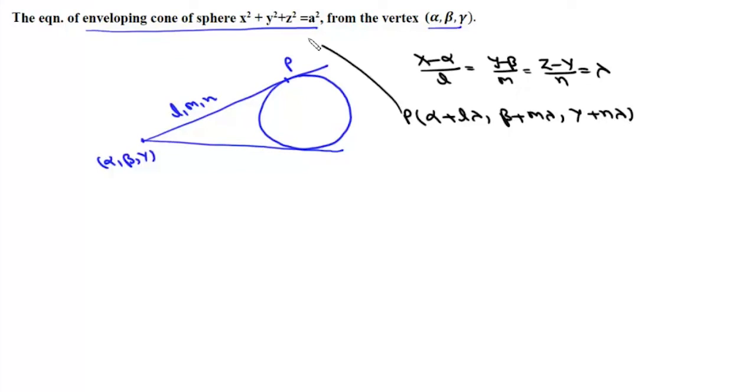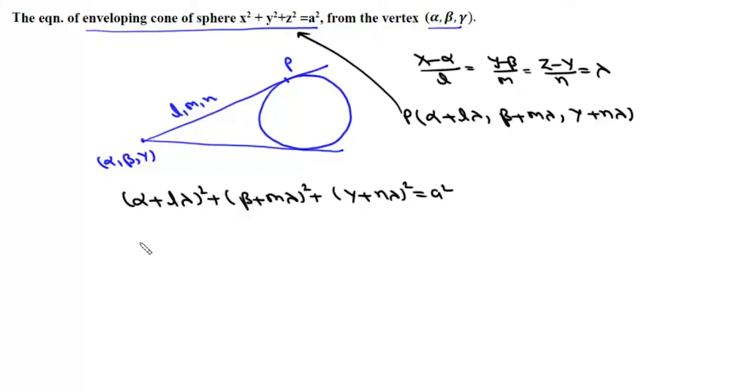Now this point P lies on this sphere, so it satisfies its equation. So we can write (alpha plus L lambda) square plus (beta plus M lambda) square plus (gamma plus N lambda) square, and it is equal to a square.